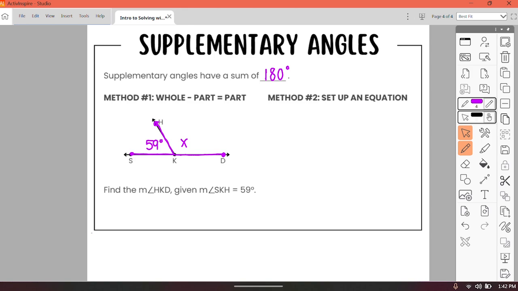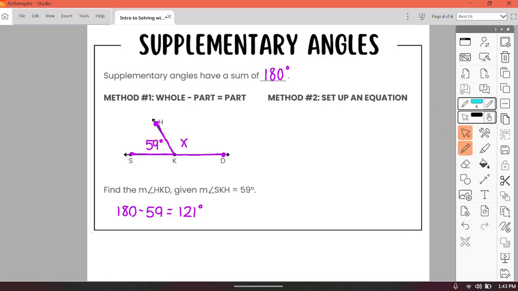So we're going to take the whole thing, and since they're on a straight line, we know that the whole thing is 180, and we're going to do 180 minus the part that we know, and that will give us the other part, which is 121 degrees. Make sure you're always using your calculator just to double check yourself. I don't have mine pulled up right now because I want to leave this full screen, but always use yours.